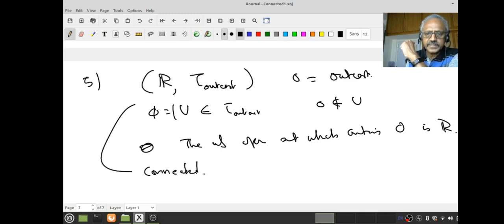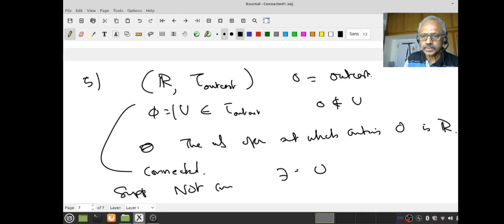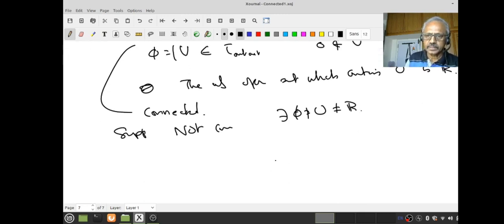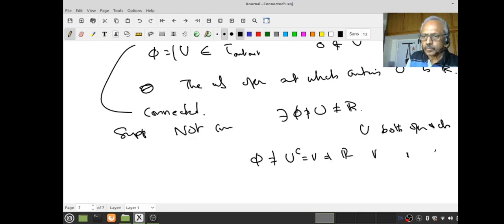How many of you can see this? Okay, suppose it's not connected. That means there is an open set U which is not empty and not equal to R, and U is both open and closed. Then therefore its complement V is also both open and closed.